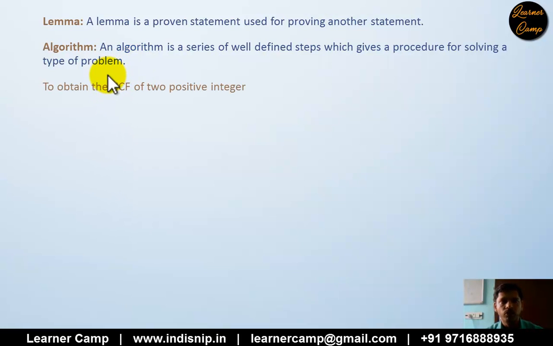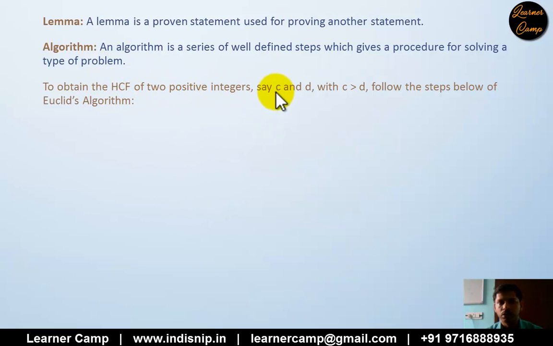Now let us see how we use a lemma and algorithm to solve a particular type of question. To obtain the HCF of two positive integers, say c and d, with c greater than d, follow the steps below of Euclid's algorithm.